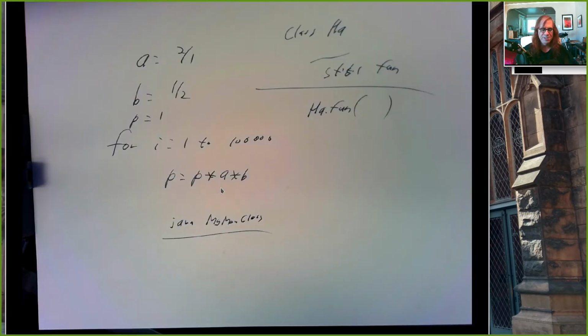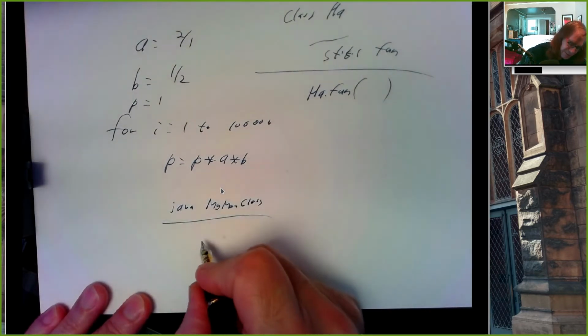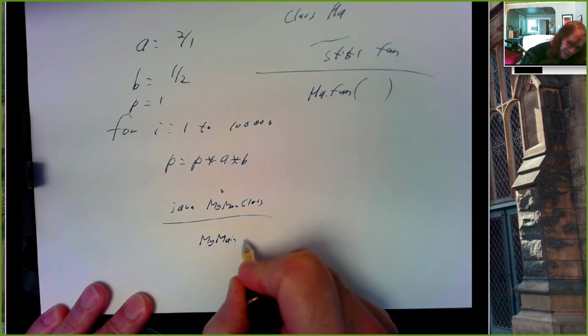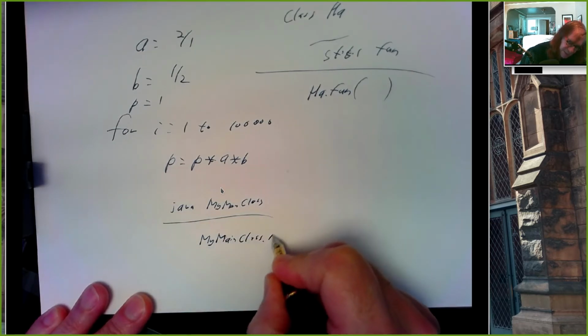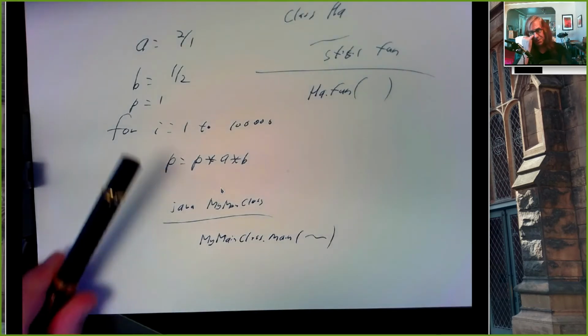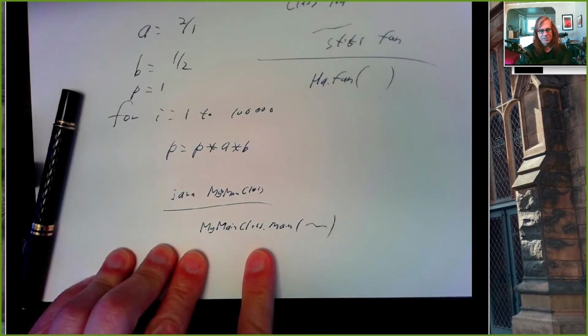When you say java myMainClass, the JVM tries to execute the following static method: class name dot main, and it calls it with a single argument, which is an array of strings. That's just how Java is set up, so that when you ask to run a program, it executes it as a static method in that class.